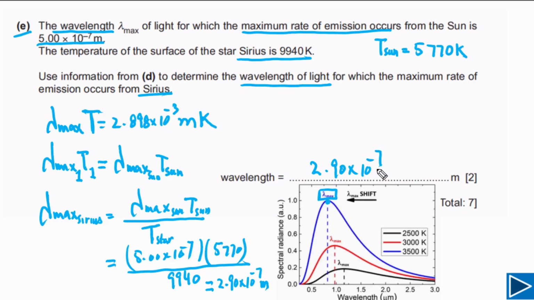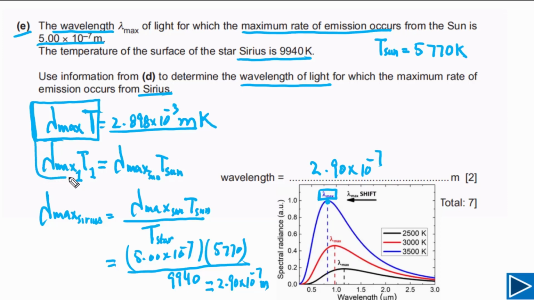This is the final answer. Simply you need to understand how to use Wien's displacement law. The product of lambda max and temperature, not time, is always equal to this one. That's the reason we have said lambda max times temperature for the star is equal to lambda max times surface temperature of the sun.